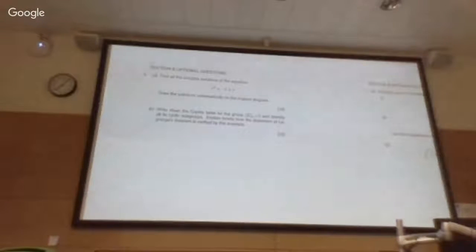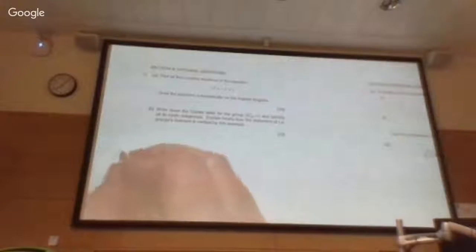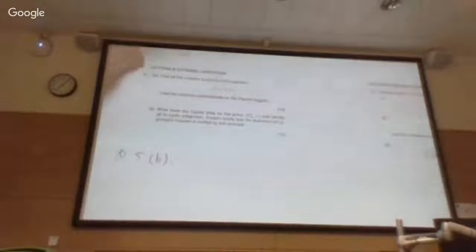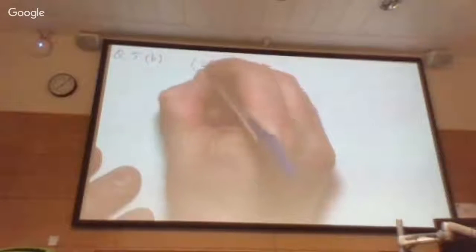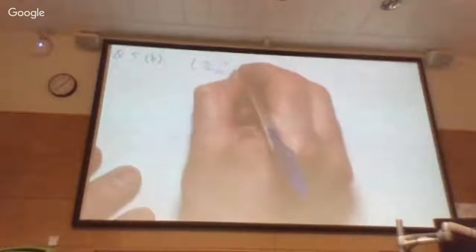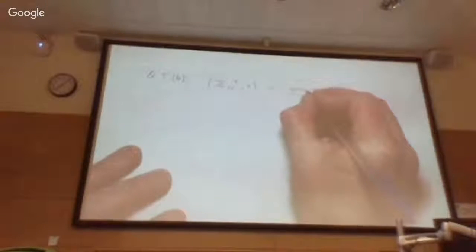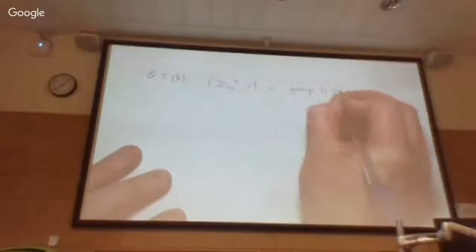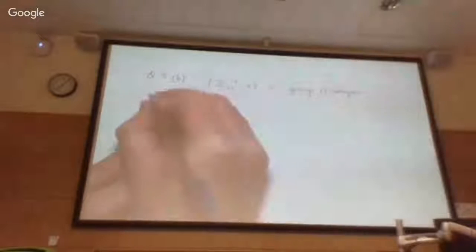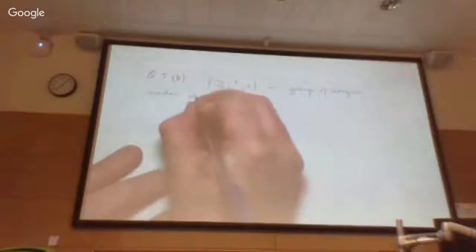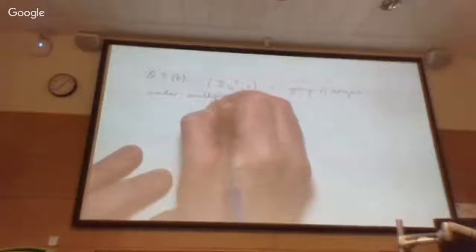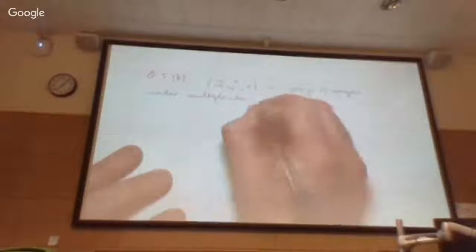Z15. So to answer this question, first of all, you're going to have to explain clearly what this group is. So Z15 is the group of integers under multiplication modulo 15.